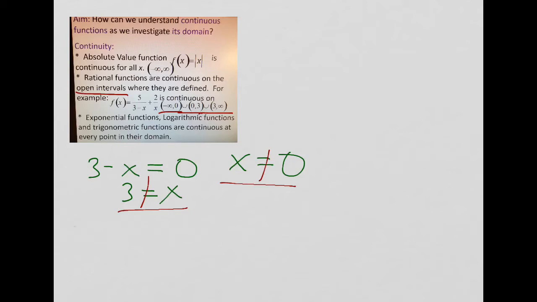Trig functions, you have to know your trig functions if they are continuous on all real numbers, or they're not, like let's say y equals tan of x. So that is why we have to know our common functions or our basic curves, because these are them and we need to know their domains in order to say that they're continuous on their domain for a particular interval.